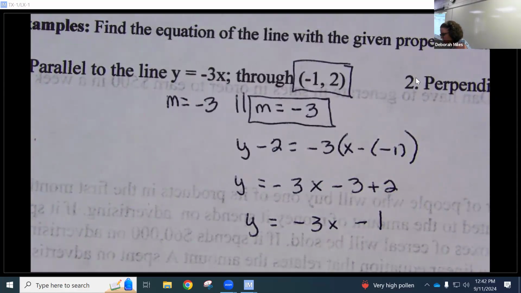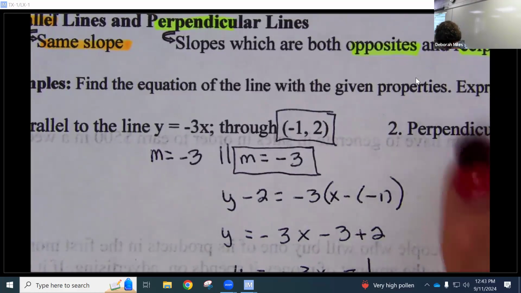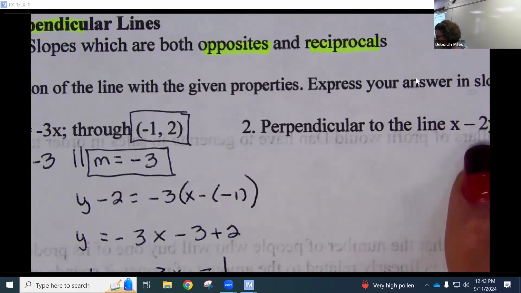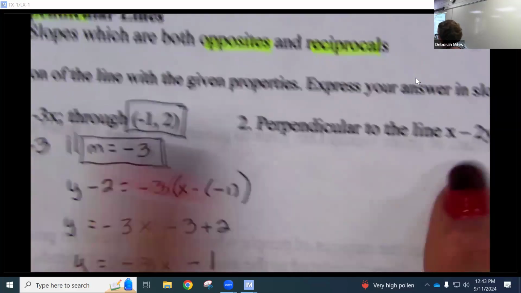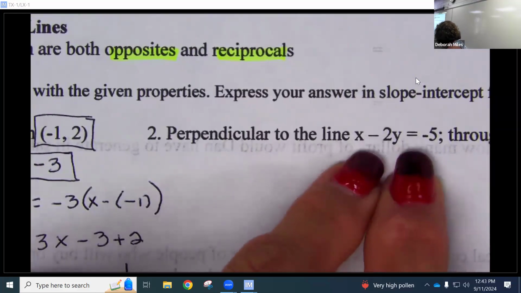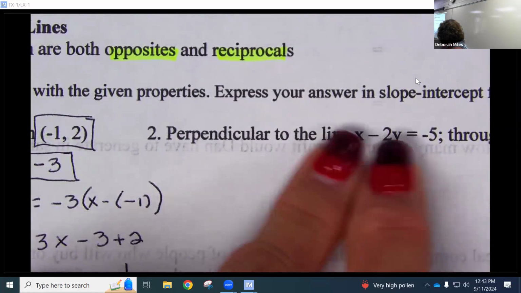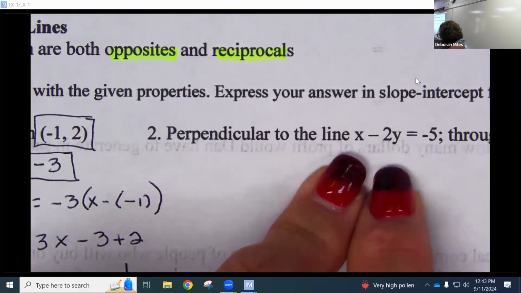Number 2 is just a little bit different for 2 reasons. First reason is I'm asking you for a line that's perpendicular to the line I'm given. And the second thing that's different is I can't just look at this in this form and tell you the slope. I can't say the slope is just the coefficient of y until I get the y by itself.